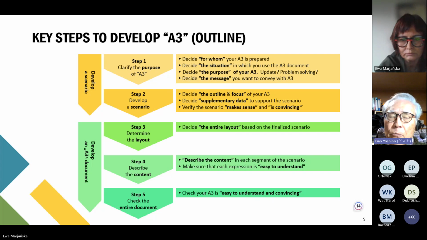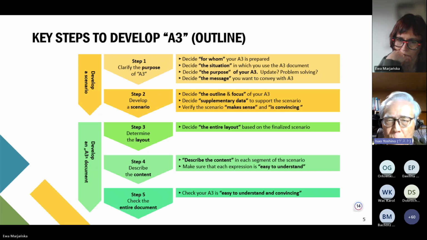And after you finish all those, writing and everything in the boxes on the A3, then step 5 is check. After you write everything, it's not the final one. You have to go through that yourself from the first corner of the left, up there, then go down and to the right.